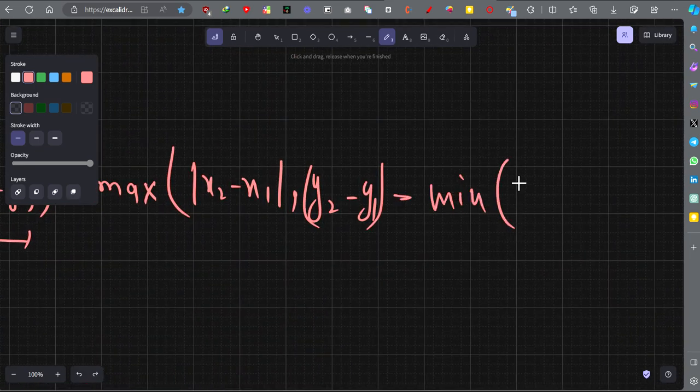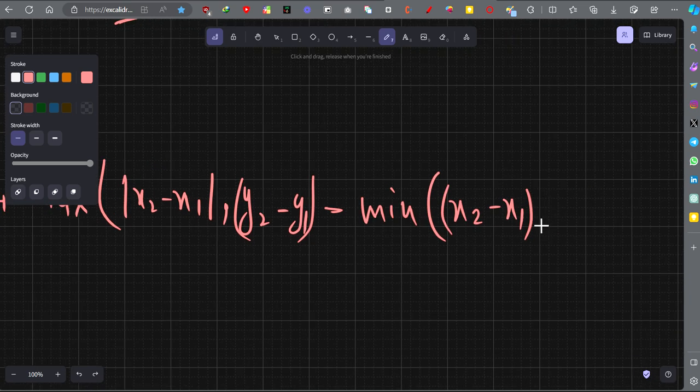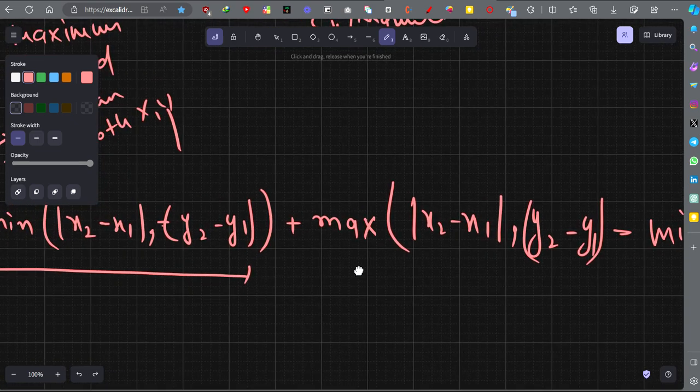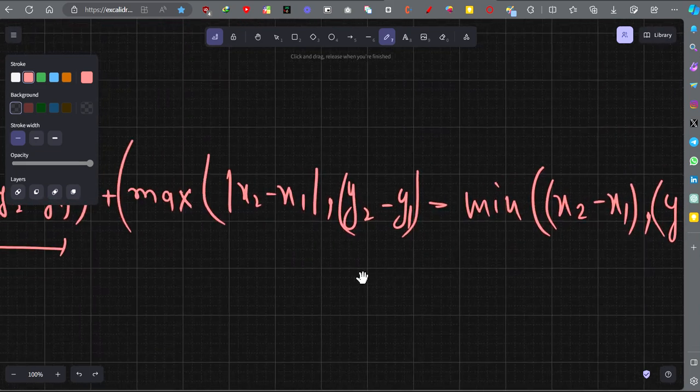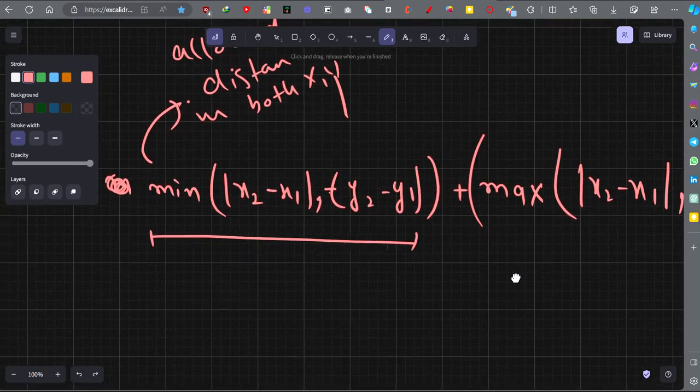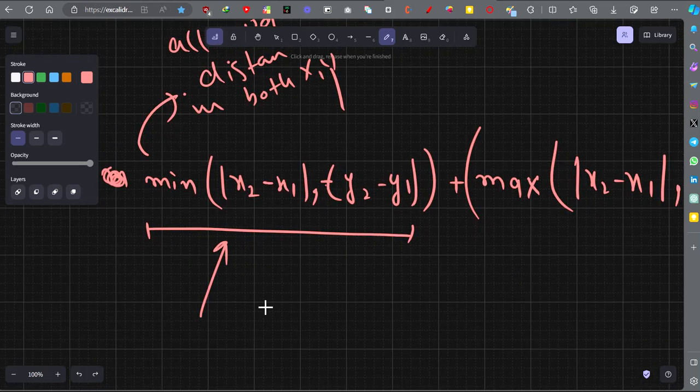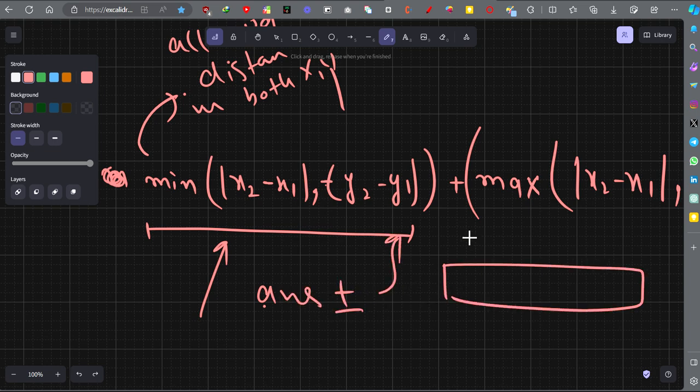So the minimum of absolute x2 minus x1, comma y2 minus y1. Okay, so you can take these things in. This is your whole formula, and you'll have to store this in the answer variable. Once you are done iterating over the whole array and calculating this, that will be your answer.